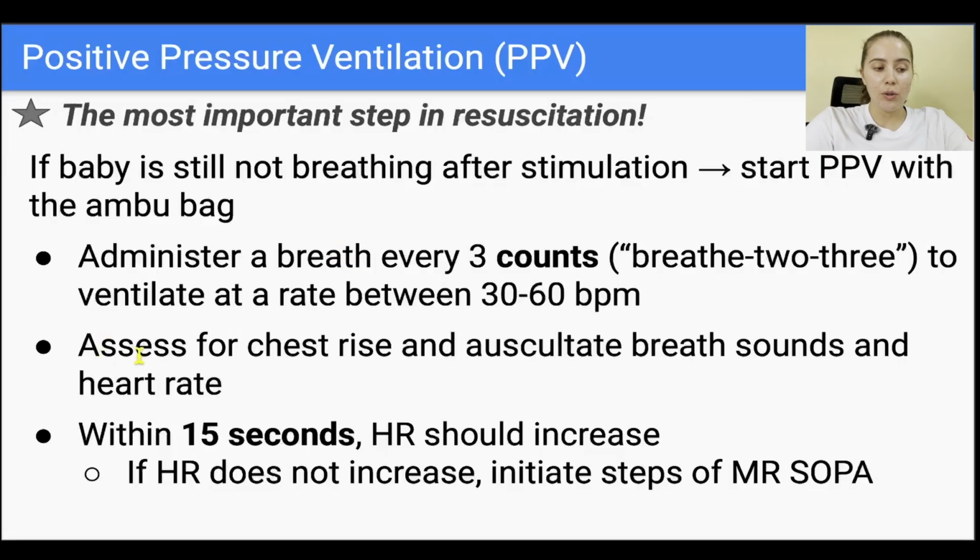Whenever you're ventilating, you want to assess for chest rise. If you have a stethoscope, auscultate for equal breath sounds and air entry into both lungs, and then also listen to the heart rate. Within 15 seconds, your heart rate should be increasing, but if it does not, then you would initiate steps of Mr. SOPA, which we'll go over next.